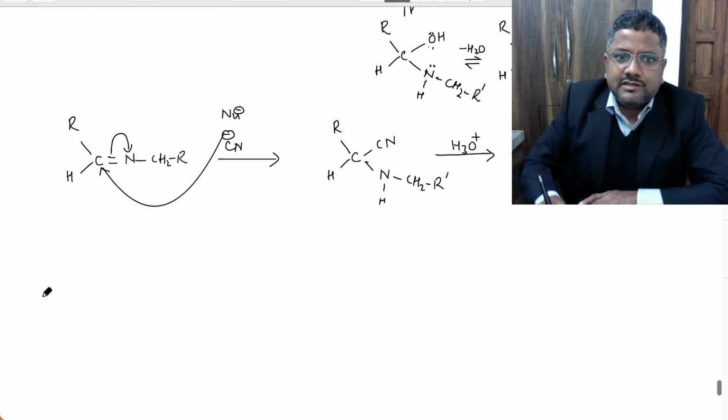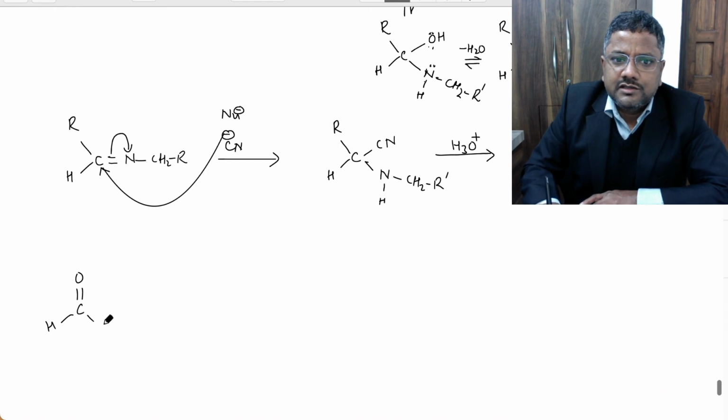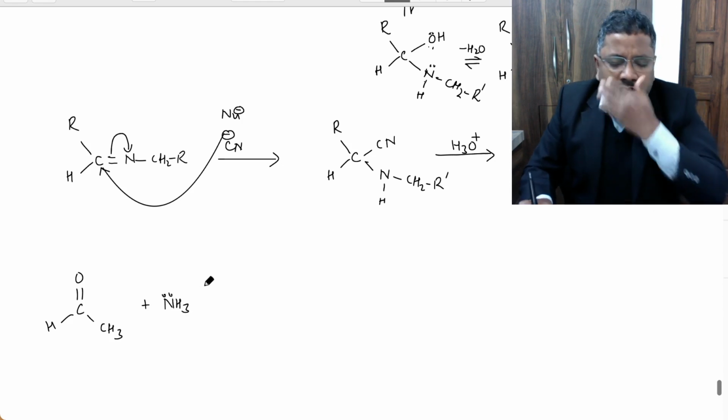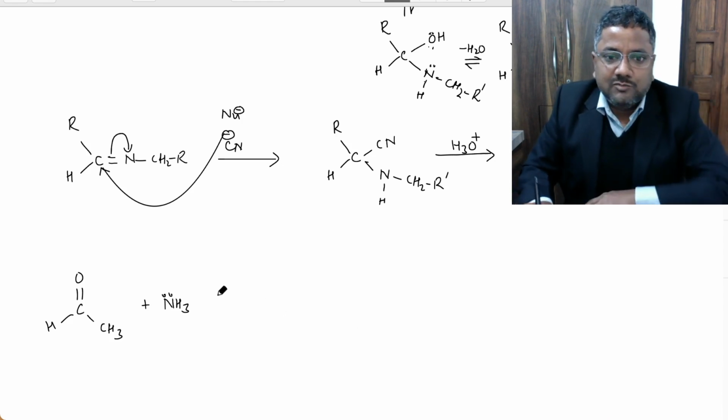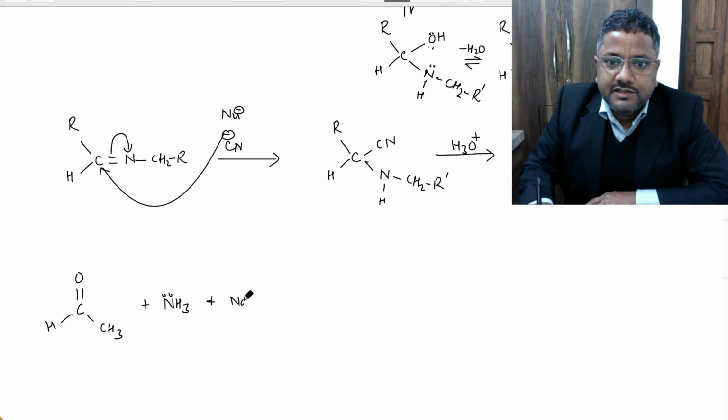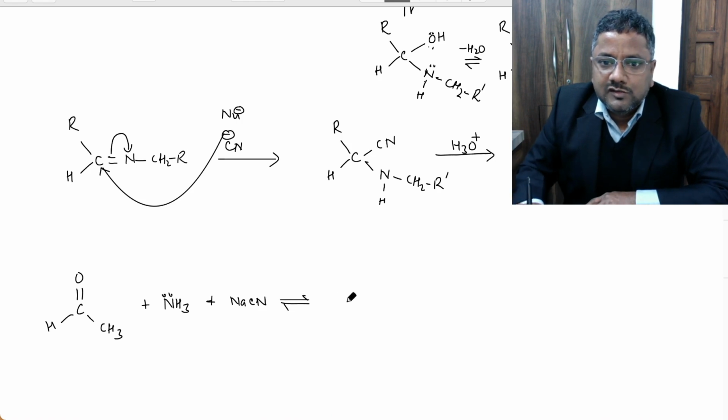So suppose that if you take CH3CHO, and you take ammonia plus NaCN, so you will get CH3, CN, H, NH2, right?